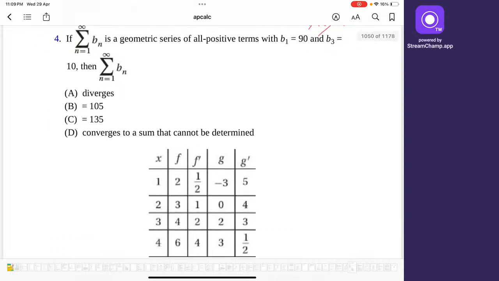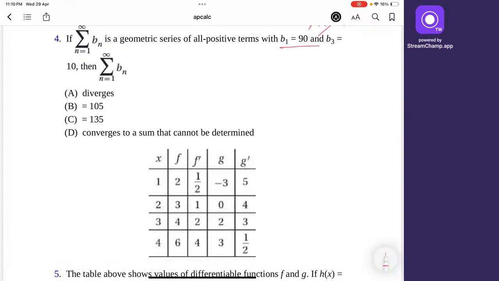Now let's move to the next question, which is, suppose Bn is a geometric series where B1 is 90 and B3 is 10. We have to find the sum. So B1 is 90, B2 is 90r, B3 will be 90r square, and that is equal to 10.